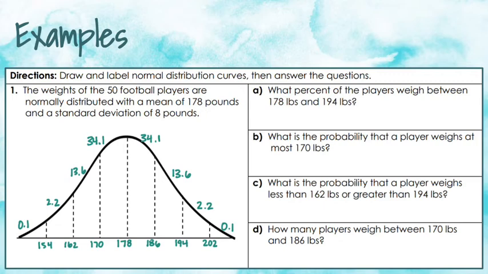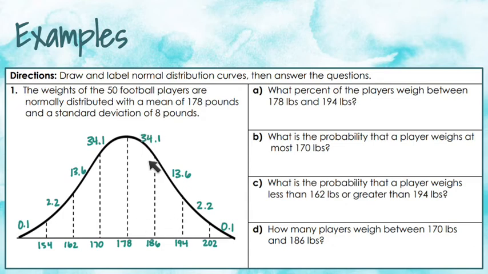So now let's talk about these questions. What percent of the players weigh between 178 and 194 pounds? So 178 is this line right here. 194 is this line right here. We want to know what percent of the players are between these two marks.